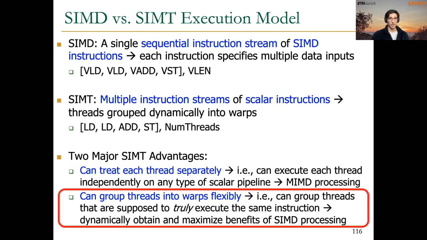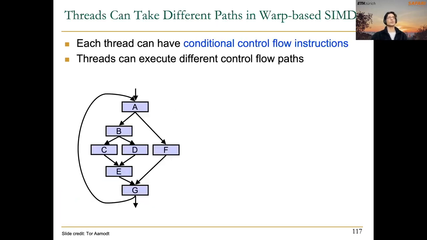We are going to see more about the advantages of SIMD. The second one is that we can group threads into warps flexibly. I was talking about the divergence in the control flow path. Imagine you have a very convoluted code like this one here with different basic blocks and different if-else statements.